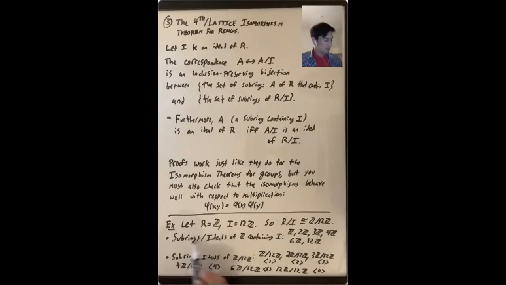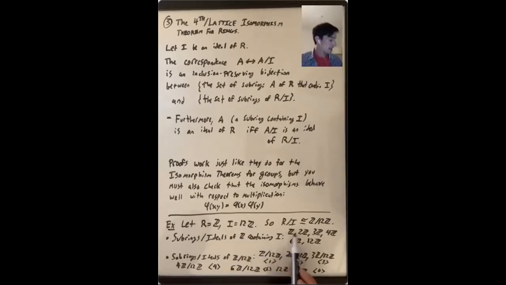So what are the subrings of Z that contain I? Well, the first thing to note is: when does something contain the ideal 12Z? If you have DZ, if D divides 12, then DZ is going to contain 12, so it'll contain all of 12Z. So the subrings that contain 12Z correspond exactly to the positive divisors of 12.